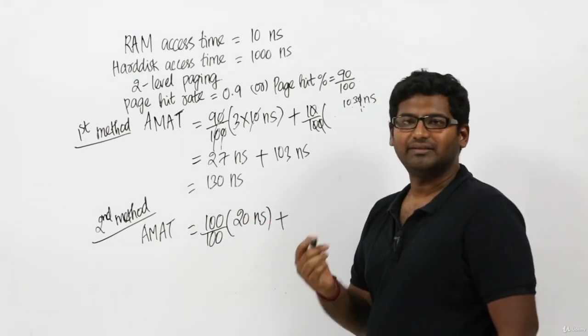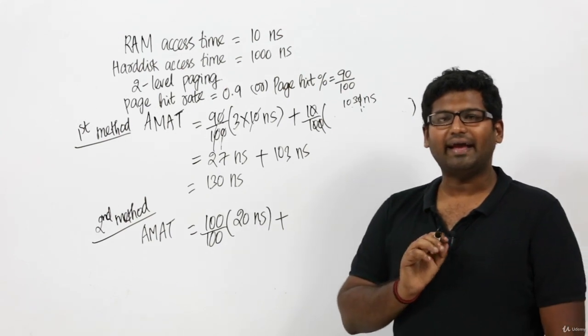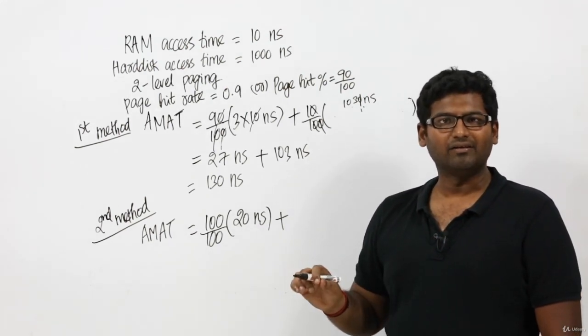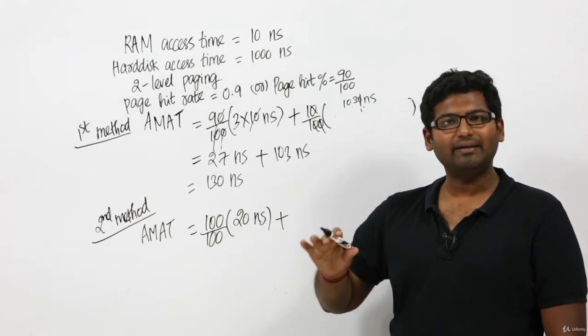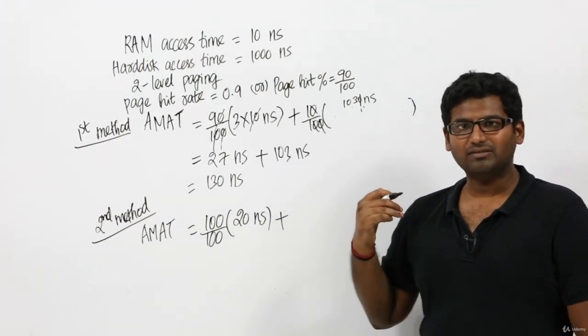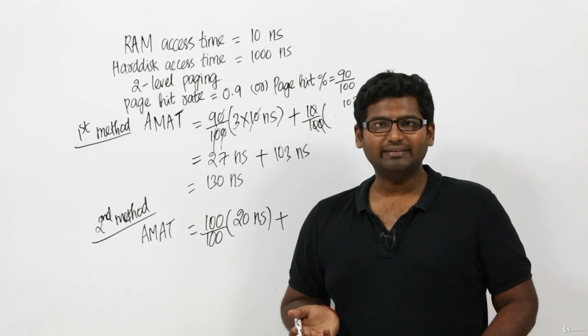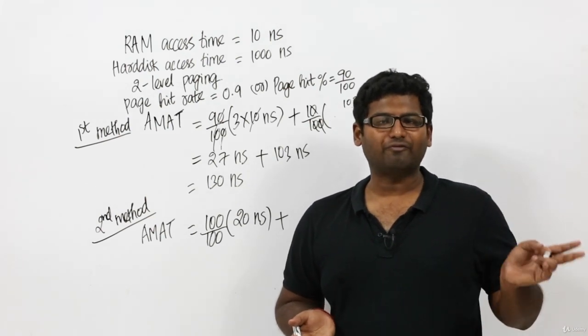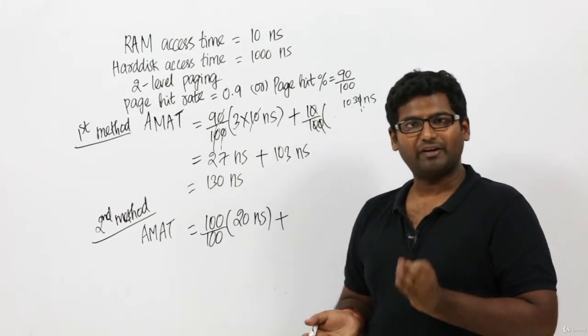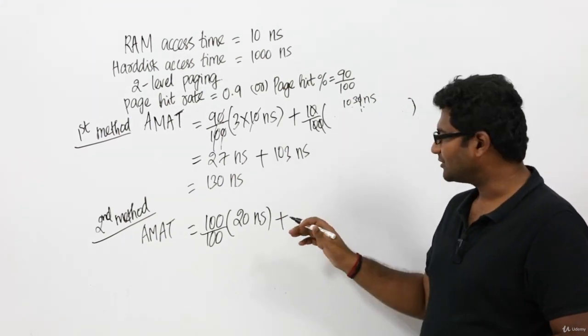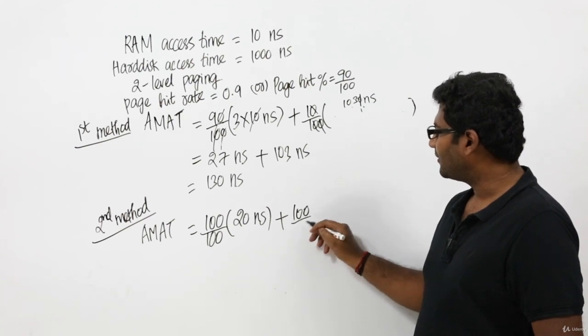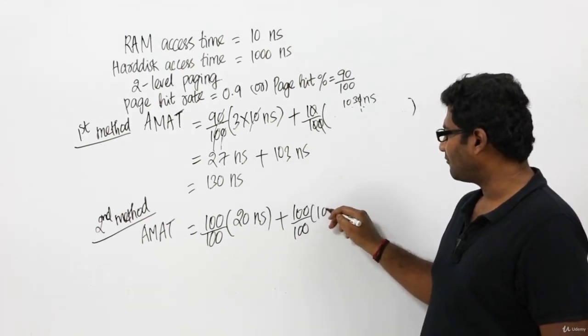After accessing the page table, I'm definitely going to read the data from the RAM, right? Which means if the data is present inside the RAM, I will directly read from the RAM. If the data is not present in the RAM, I will read the data from RAM after moving it from hard disk to RAM, right? So effectively, I'm going to read the data from the RAM 100% of the times.